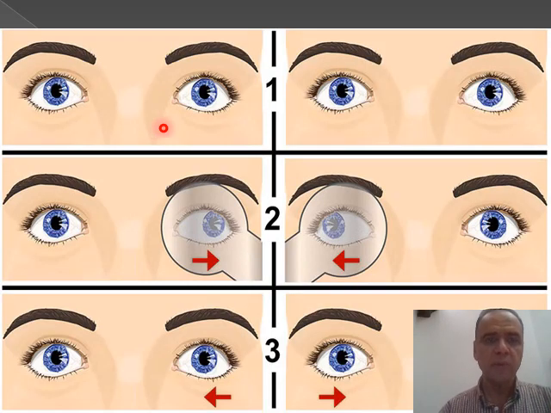Another example of the cover-uncover test. You can see here there is no deviation when both eyes are open, so it is not tropia. Then when we put a cover on the left eye, you can see there is deviation of the eye behind the cover due to interruption of the fusion component of the central nervous system.